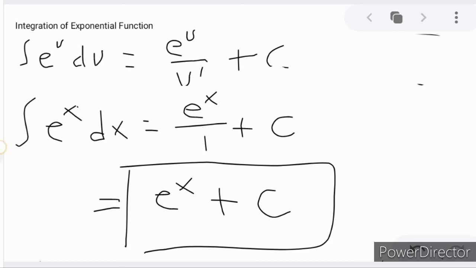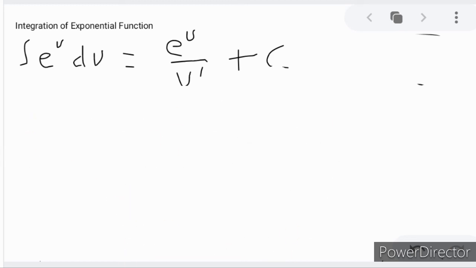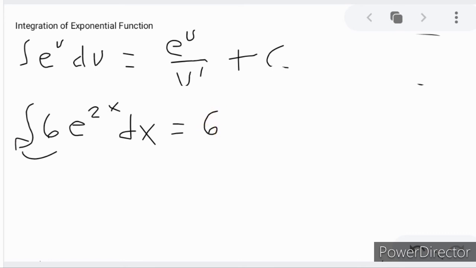Now, let's try another example. And by this time, let's combine the exponential function and the constant. So we have the integration of 6e raised to 2x dx. The first thing we need to do is just simply put the constant on the left side. So it will become 6 times the integration of e raised to 2x dx.